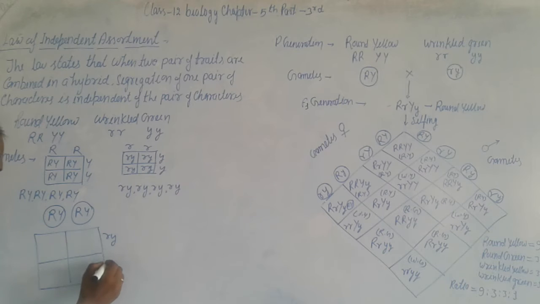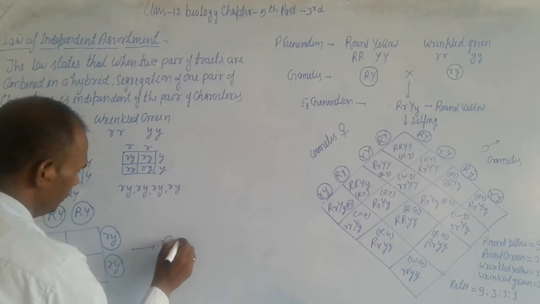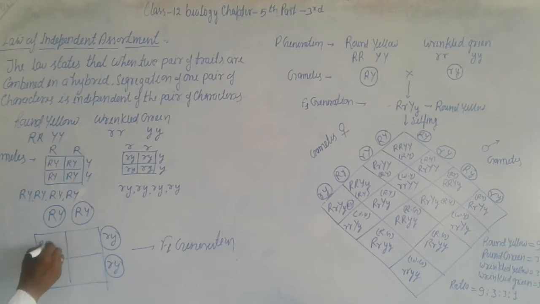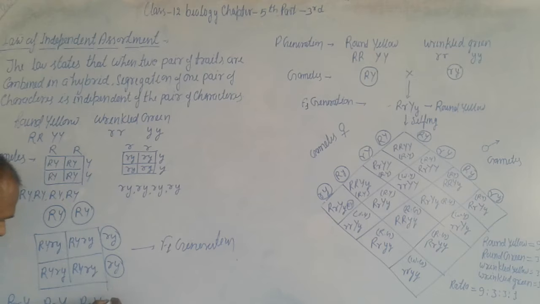This is the F1 generation. The F1 plants are R capital Y, R small y, and are also written as capital R, small r, capital Y, small y.